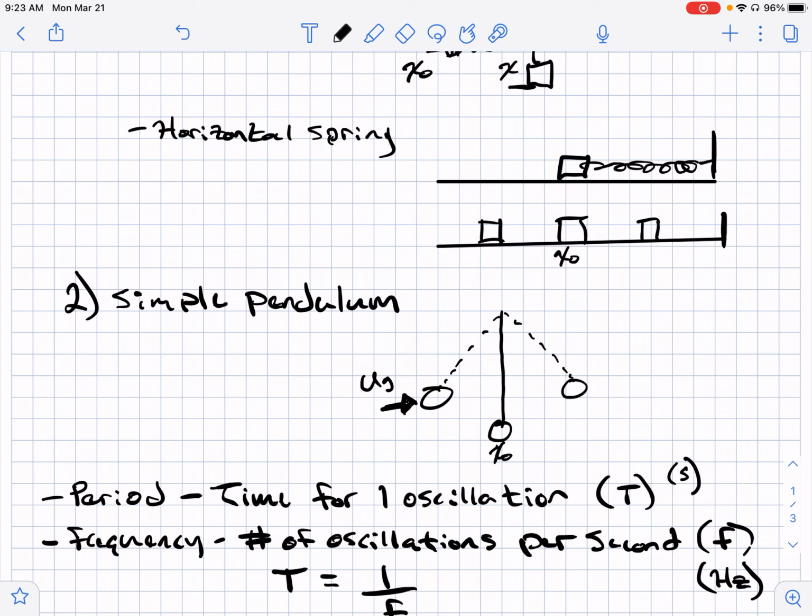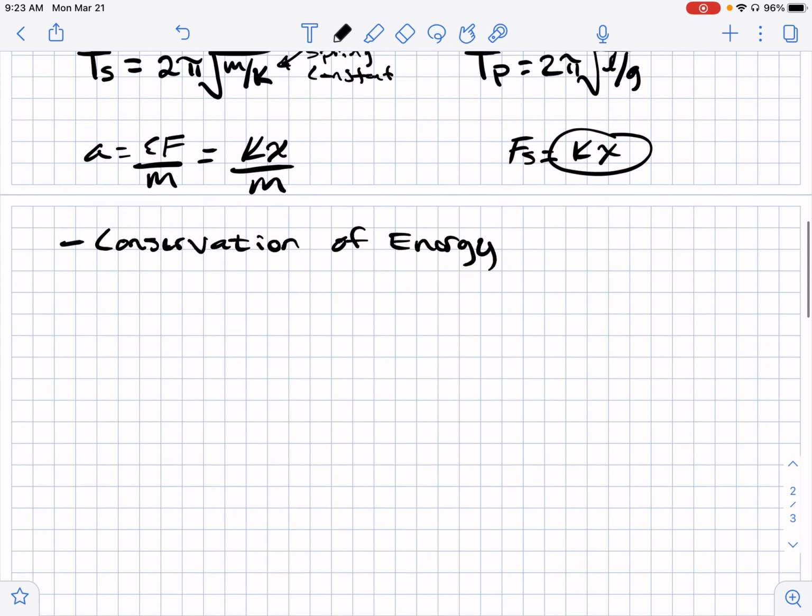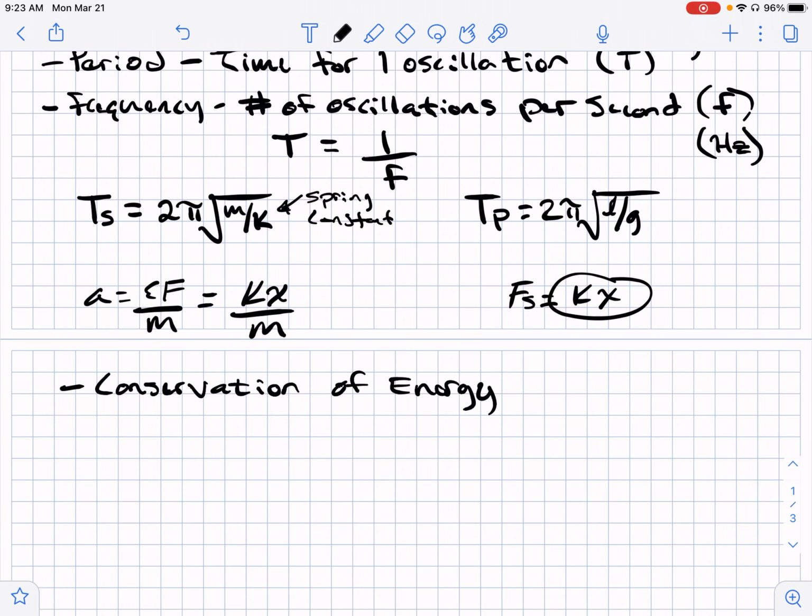And then down here, if we call this height equal to 0, all your energy is going to be kinetic energy. So we can set gravitational potential energy equal to kinetic energy, and we can solve for how fast this thing is going at the bottom right here. So we will apply this conservation of energy as well as Newton's second law throughout this unit.